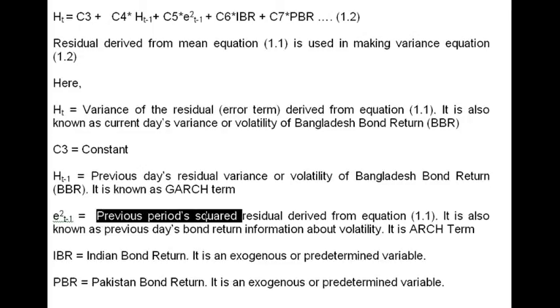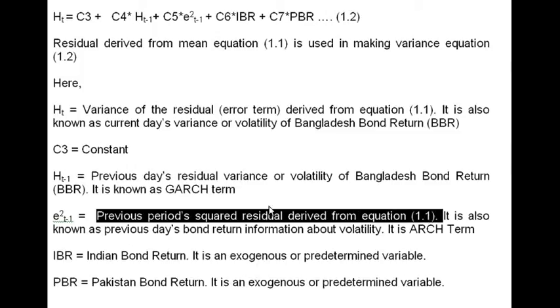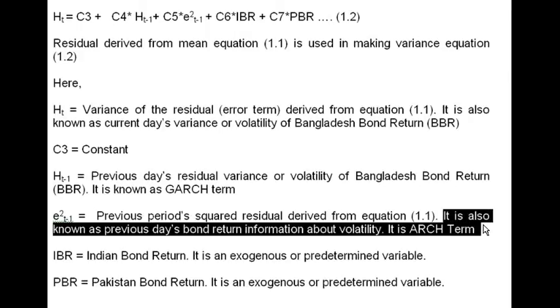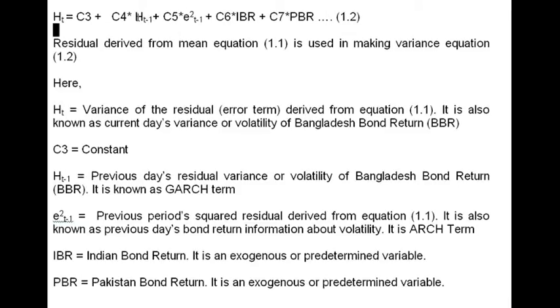It is also known as the previous day's bond return information about volatility, and it is the ARCH term. So in this model, there is one ARCH term and one GARCH term. That is why we are calling it GARCH(1,1), because there is one ARCH term and one GARCH term.